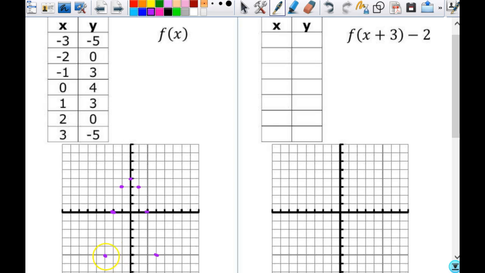And when you graph it, it doesn't have to be dotted, but it's not a bad idea to maybe get your shape a little bit better, because you don't want it to look pointy. You want it to look as curvy as possible. Just do the best you can. It's not a class. So this is just your original function.